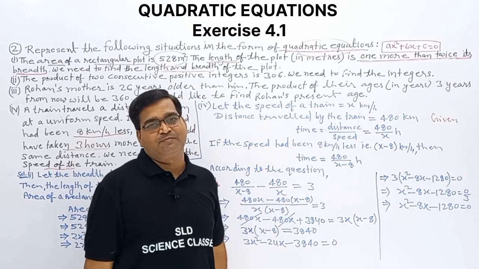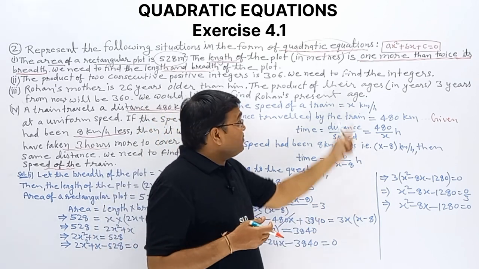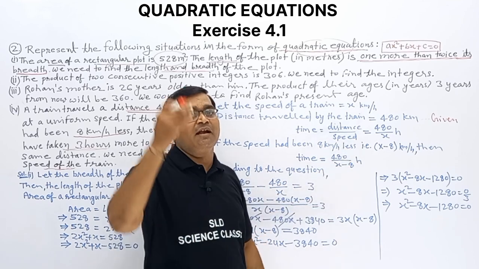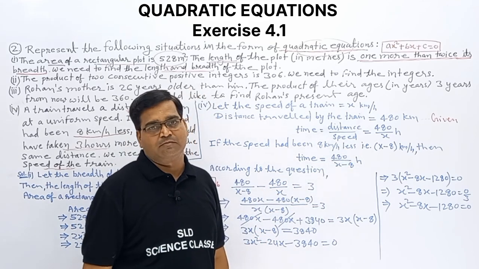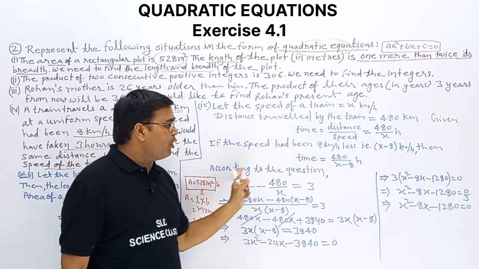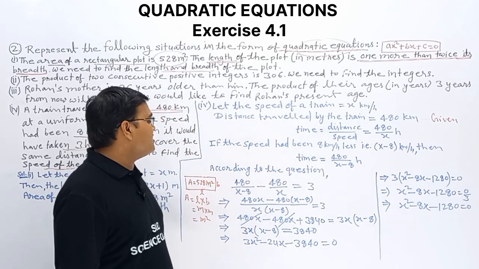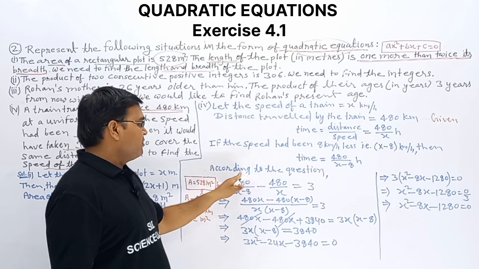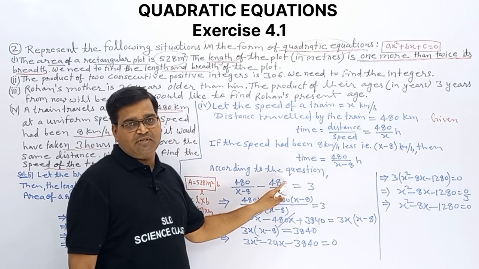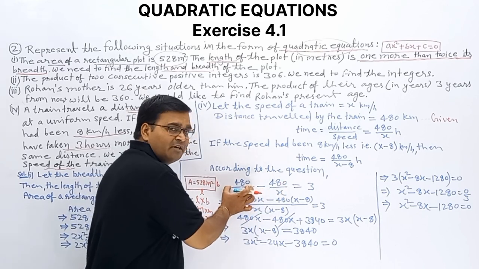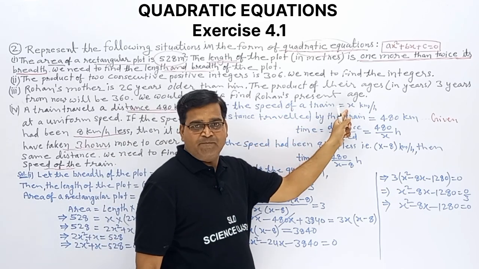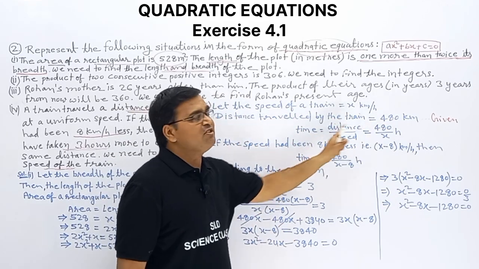3 hours more. जिस स्पीड से हम जा रहे थे, स्पीड रिड्यूस करने पर हमें 3 घंटे, 3 hours we are taking more. It means as per the question, according to the question, what equation is there: this time minus original time. Once we reduce speed, first we are going with the speed of this one and traveling 480, time is this one.